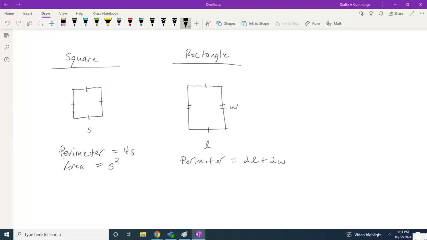Basically, you're adding up all four sides. Since there's two sides with the same length L, you can multiply 2 times L, plus you can add up the side lengths for the other two sides. And that will give you the perimeter. The area of a rectangle is the length times the width.